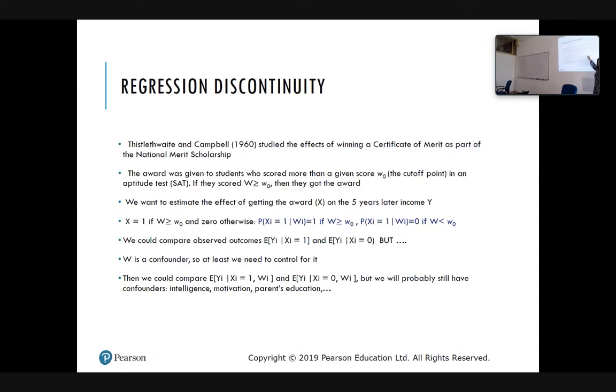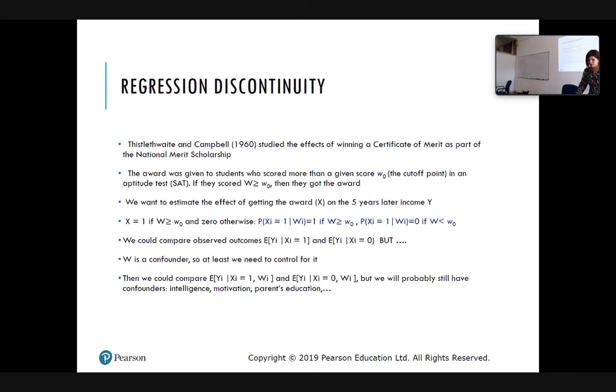But there could be other variables. Up to now, we should know which are the issues there. So there could be other variables affecting Y.